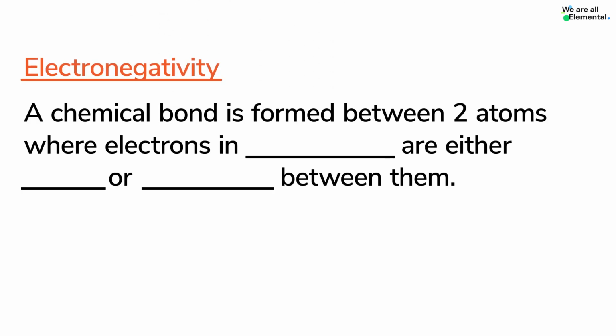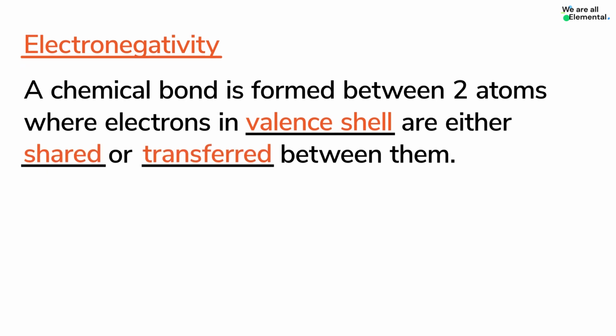Let us now understand what is electronegativity. Recall that a chemical bond is formed between two atoms where electrons in the valence shell are either shared or transferred between them.